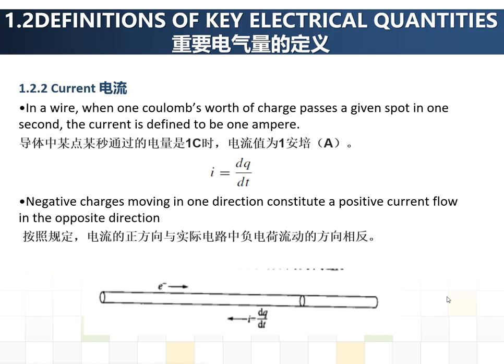Negative charge moving in one direction consists of a positive current flow in the opposite direction. In other words, the direction of current is opposite to negative charge moving direction.